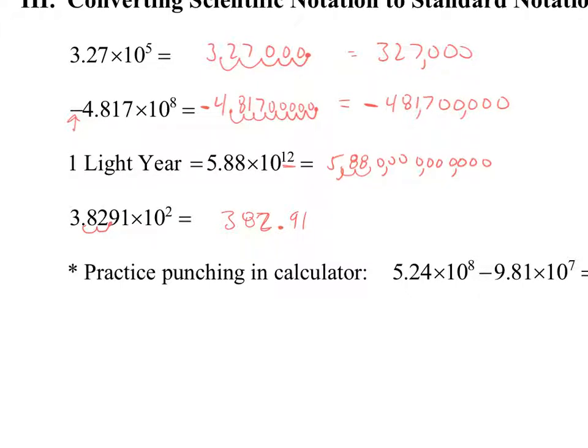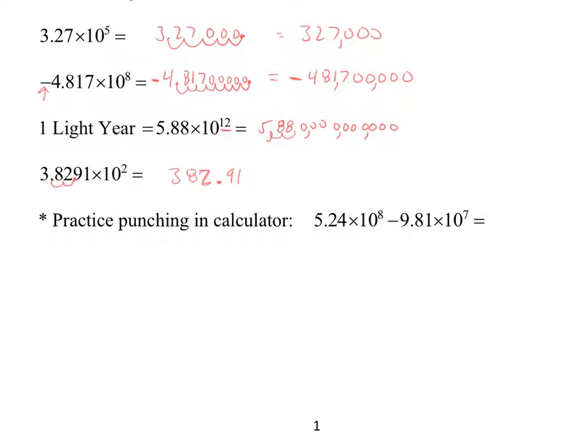There will be some addition and subtraction with these numbers. So let's think about this a minute. Put these numbers into your calculator. So you're going to punch in the 5, and I think yours might have a shortcut. 5.24.